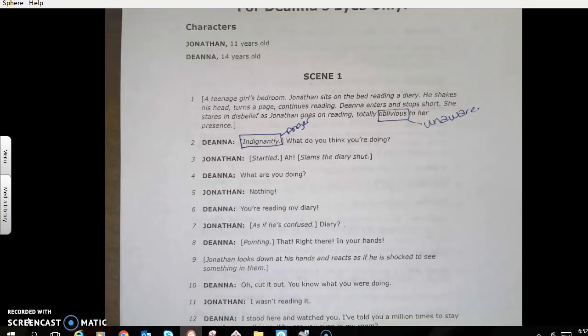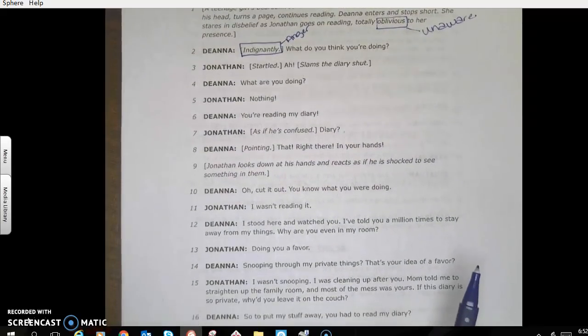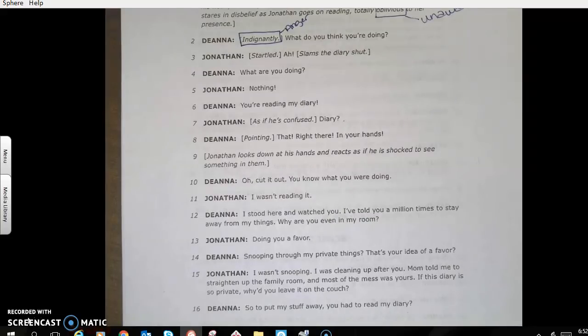So she says, what are you doing? He slams the diary shut. What are you doing? Nothing. You're reading my diary. Jonathan, as if he's confused: Diary? Deanna, pointing: That right there in your hands. Jonathan looks down at his hands and reacts as if he is shocked to see something in them. Deanna: Oh, cut it out. You know what you were doing. Jonathan: I wasn't reading it.